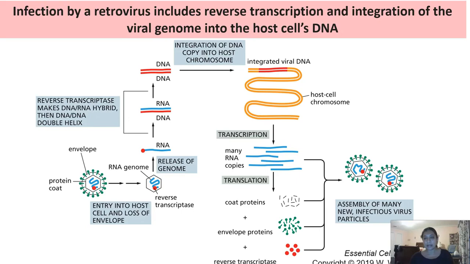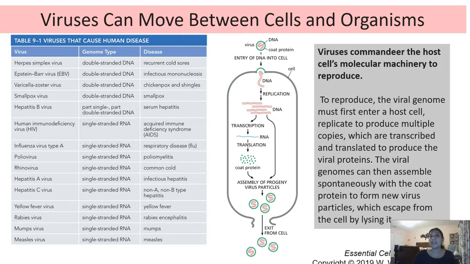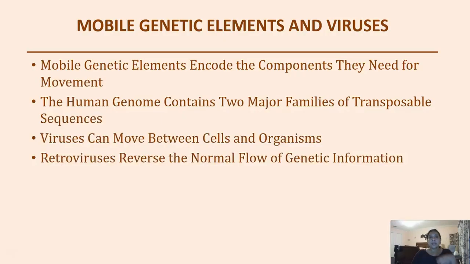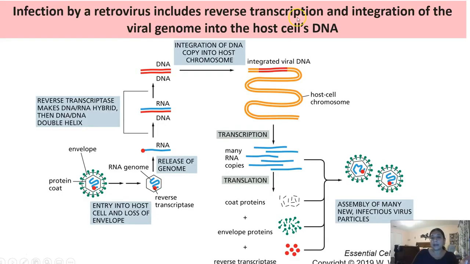So in this case, infection by a retrovirus includes transcription and integration of the viral genome into the host cell DNA, which was missing when we were looking at just a double-stranded DNA virus. Because it's integrated into the host genome, if it just hung out there, it may have disrupted some sequence, maybe a regulatory sequence or a gene sequence.